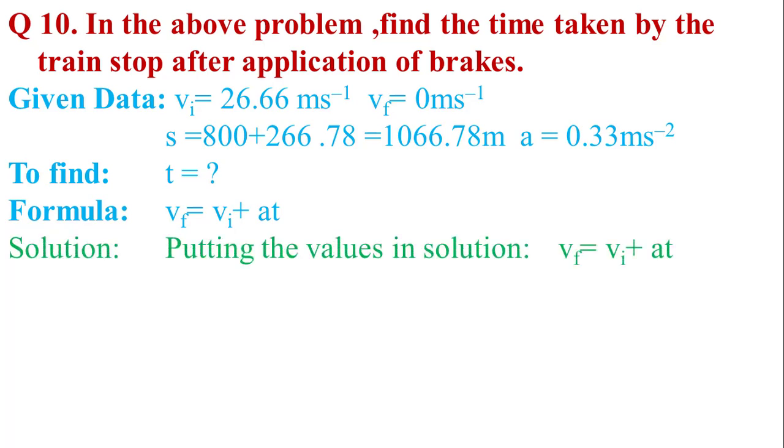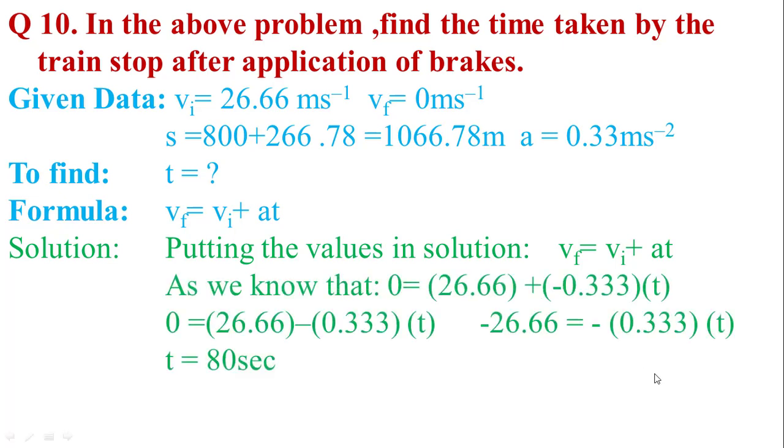Putting the values, Vf is equal to 0, is equal to Vi 26.66 plus the value of a, minus 0.333, multiplied by T. 0 is equal to 26.66 minus 0.333 into T. Then we move this value to the other side.